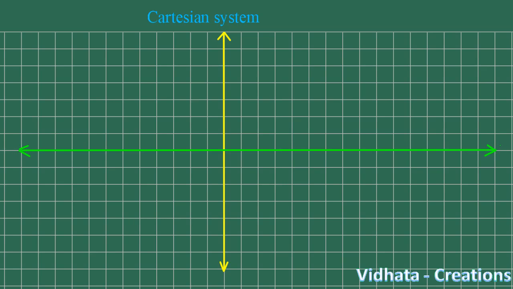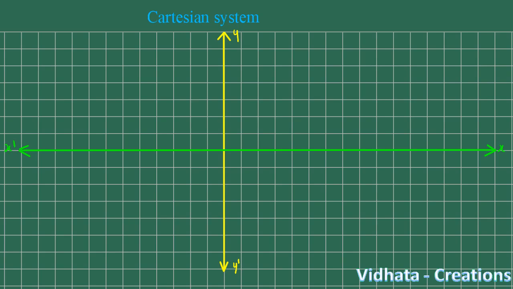So I will name it x dash, and I will name the vertical line y dash. Now we are going to study systematically what exactly the coordinate system is.